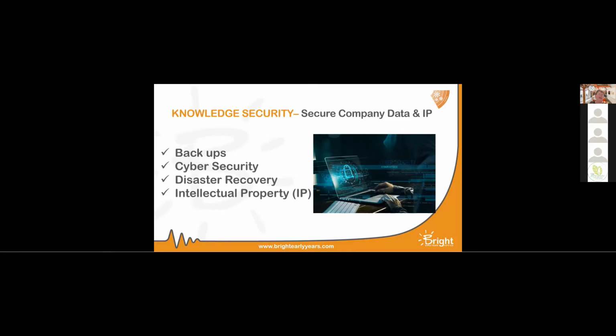Do you take backups of your information? If you've got a laptop, are you backing it up to a central computer somewhere? Is that central computer being backed up somewhere else, so that should an emergency of any sort happen, you've got some sort of recovery plan in place that you can recover your data and everything?